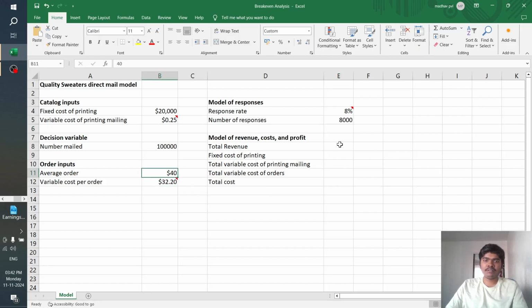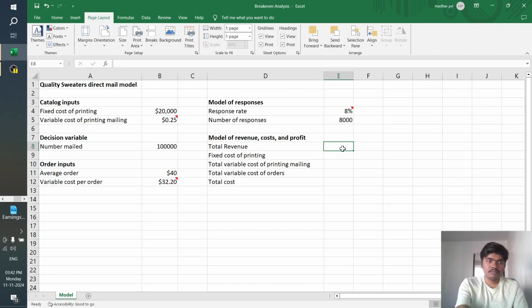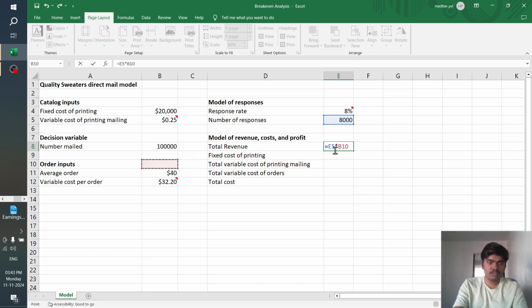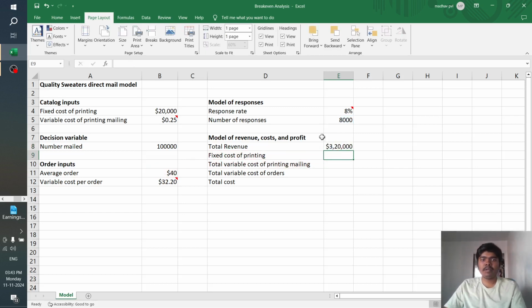To check the total revenue, the average order is 40 and the number of responses is 8,000. So the number of responses times the average order will be our total revenue. This is what we get if we sell to these responses with an average order of 40.